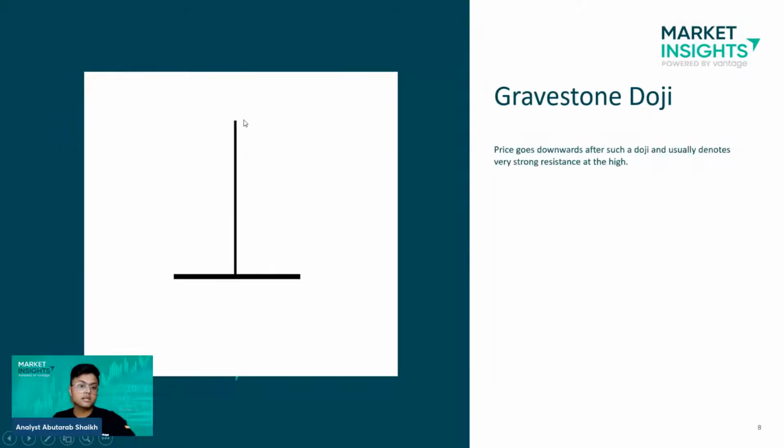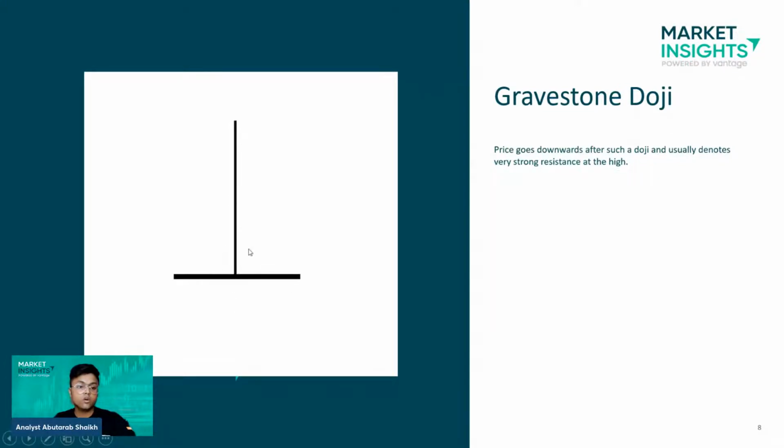The same is happening in the gravestone doji. Now the open is here. The price went nowhere but up, all the way up to this point. And then short selling happened in such a manner that it went nowhere but down.